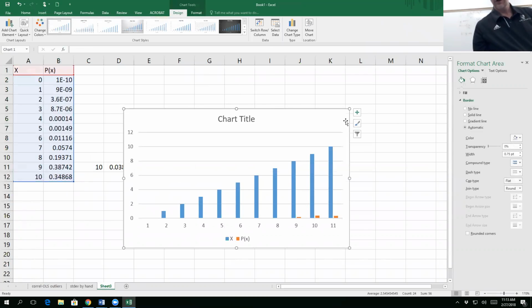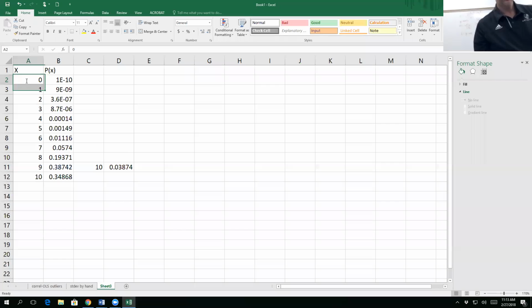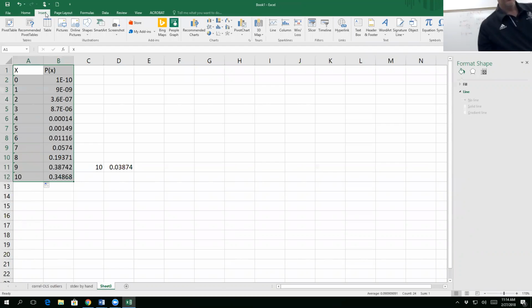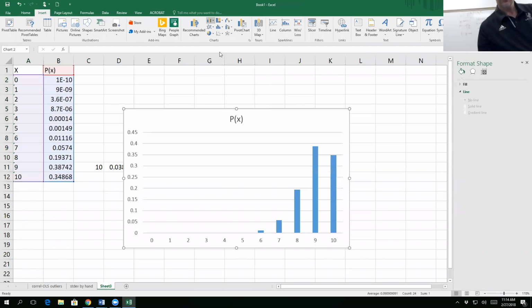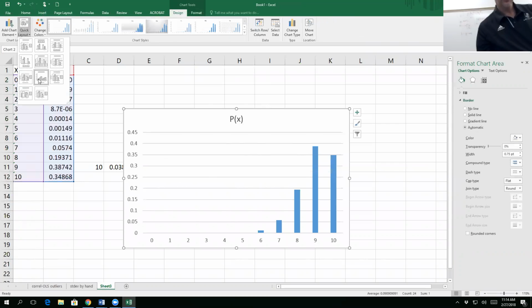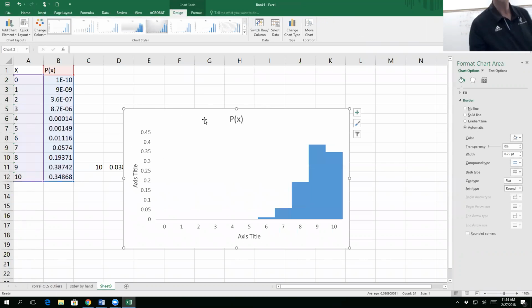Oh, that didn't work because I forgot that these have to be apostrophes. By the way, remember, if you want these to be labels, you got to make those apostrophes. But insert histogram, make it touch. Okay, so that's the distribution.